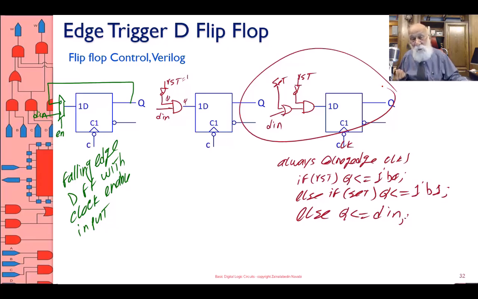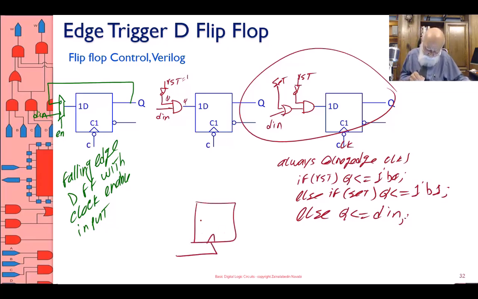If you have a D flip-flop, you decide that this is not good, you want to turn it into a T flip-flop, you can do that. If you have a D flip-flop and you want to turn it into a JK, you can do that here. D flip-flop. You like JK.